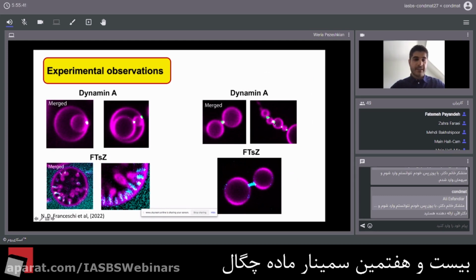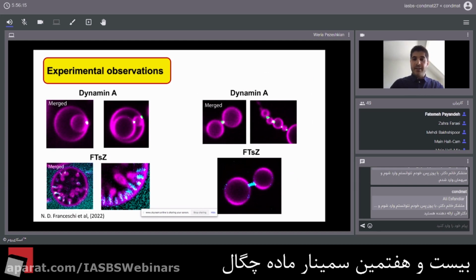FtsZ is also known to contribute to the bacterial division machinery. So for dynamin and for FtsZ, it worked in the same way, both concentrate in the neck, but apparently FtsZ is also capable of extending these necks more.